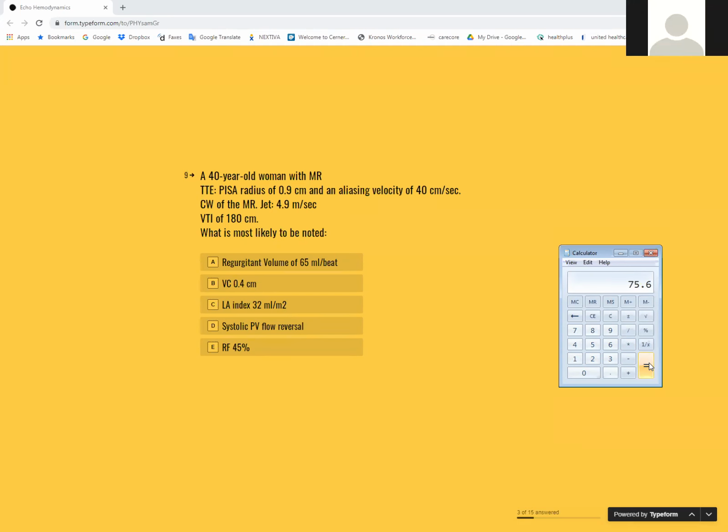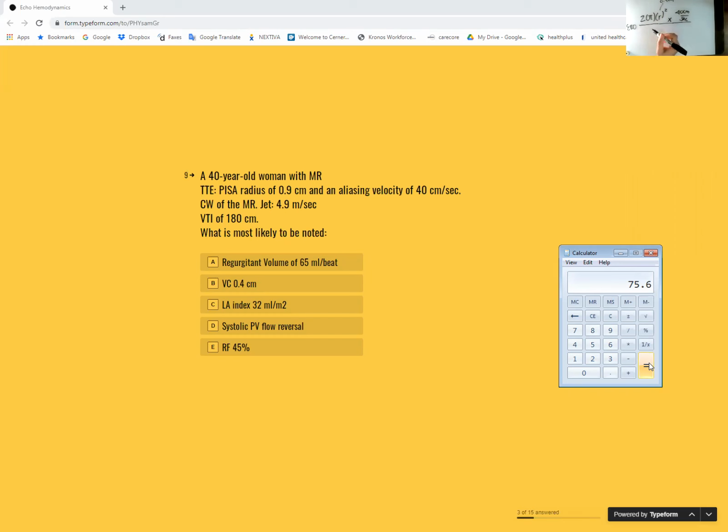75, right. So your ERO is 2 pi r squared, and that r is going to be 0.9 centimeters. Again, emphasis on making everything centimeters. Multiplied by the aliasing velocity, which is 40 centimeters per second.